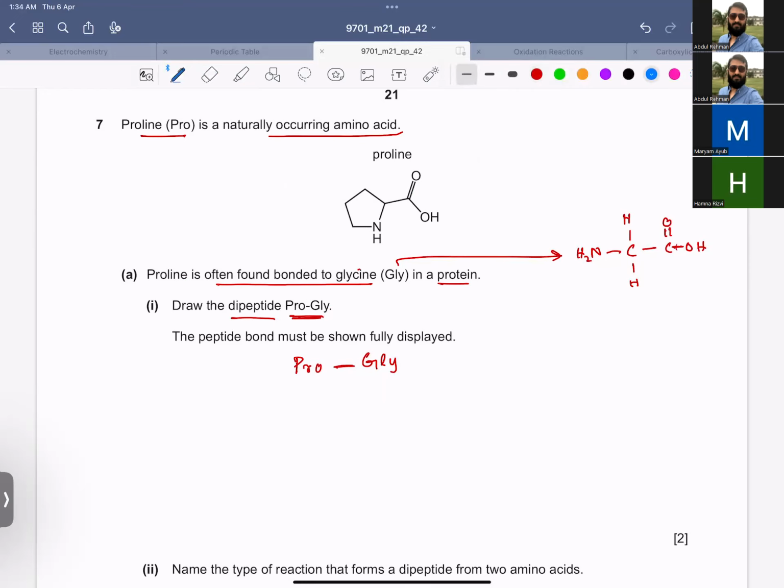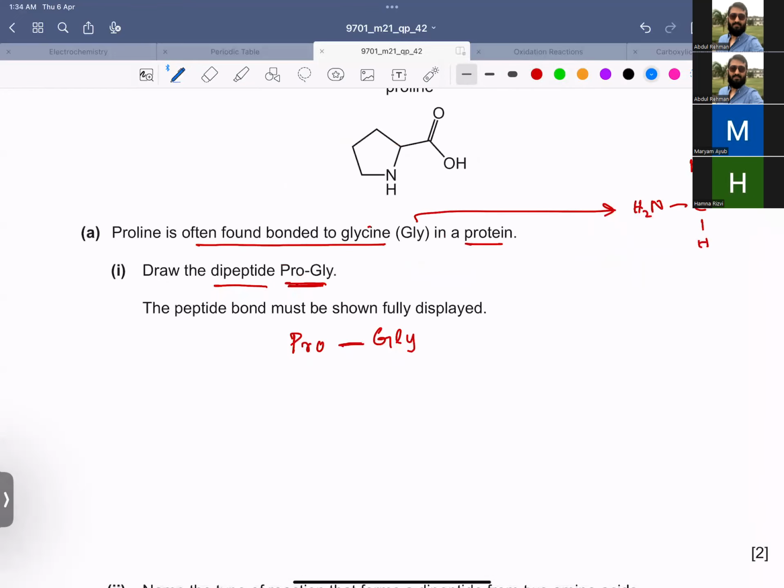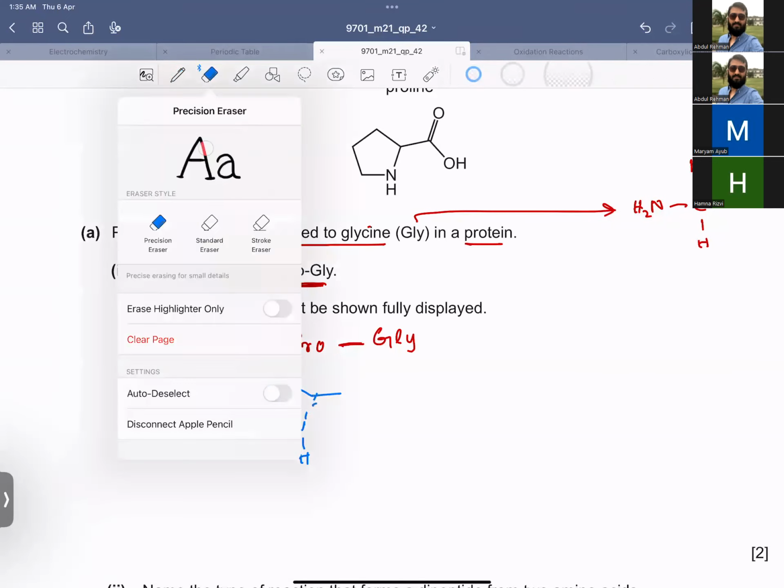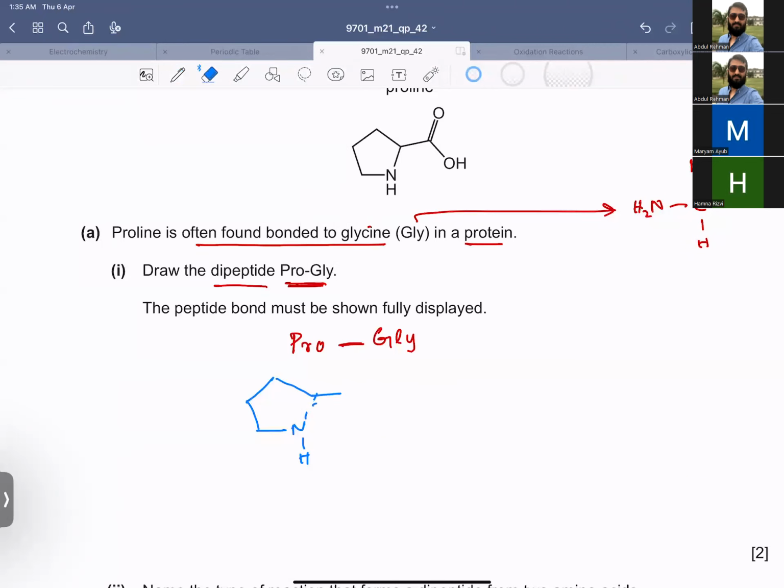So see, okay, let me draw proline first. This is proline over here. So here I have a nitrogen bonded to a hydrogen. And here I have a C double bond O. So this OH is going to be removed.